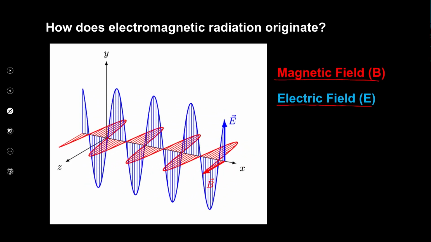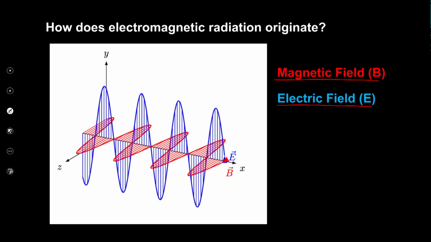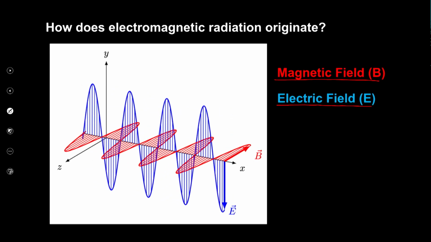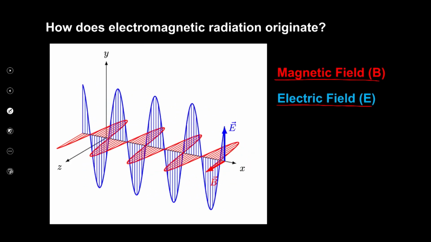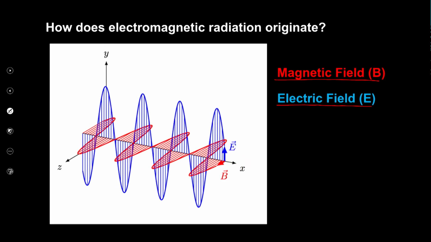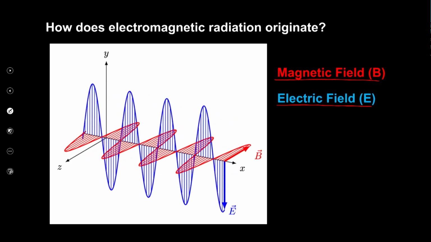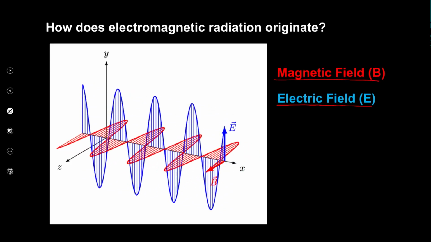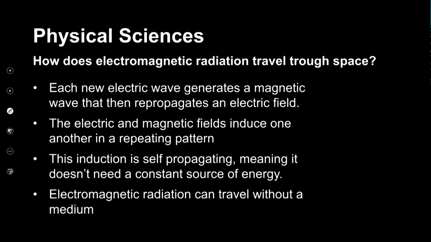And as you can see, as each field is generated, a complementary field at 90 degrees is also generated of the opposite type. So to put this into words, we say that each new electric wave generates a magnetic wave that then repropagates an electric field.